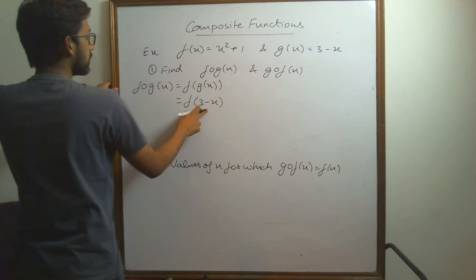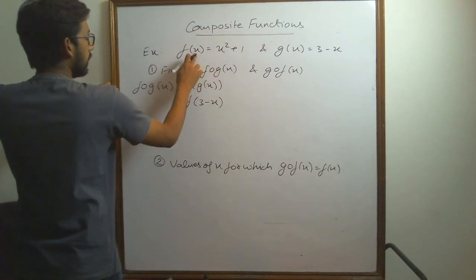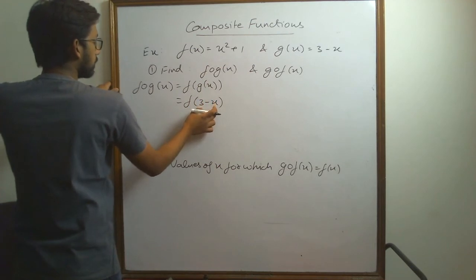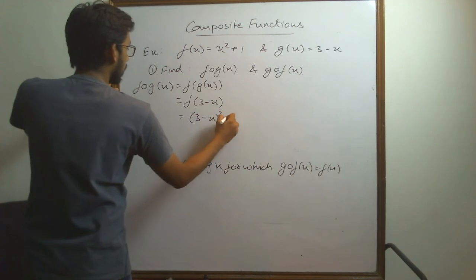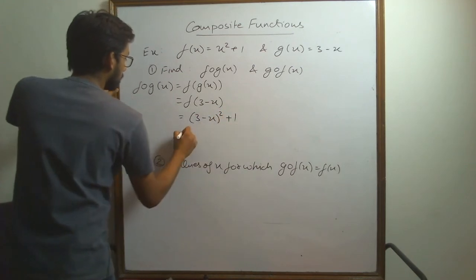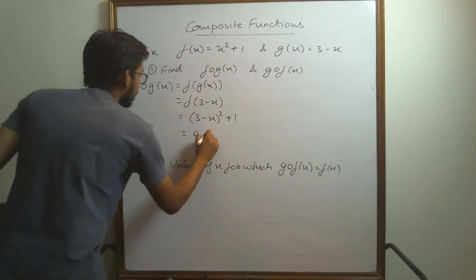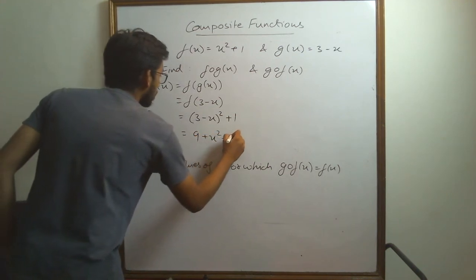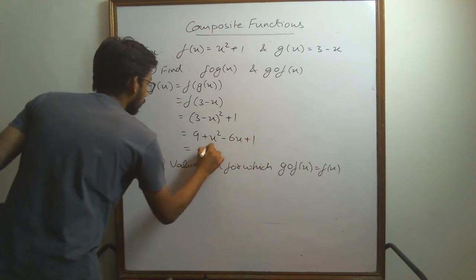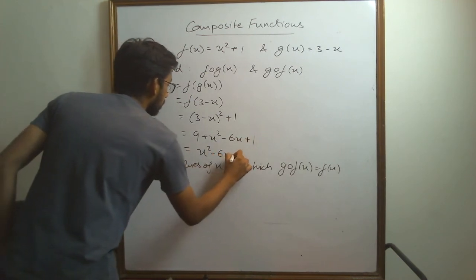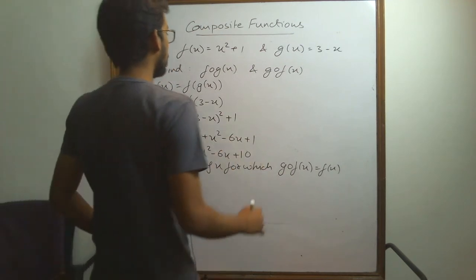Now this means that I will replace x everywhere in the function by 3 minus x. That means this is equal to 3 minus x whole square plus 1, which is equal to 9 plus x square minus 6x plus 1. So this gives us x square minus 6x plus 10. This is our function f of g of x.